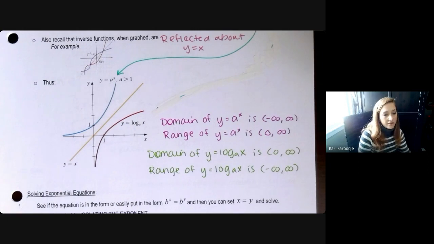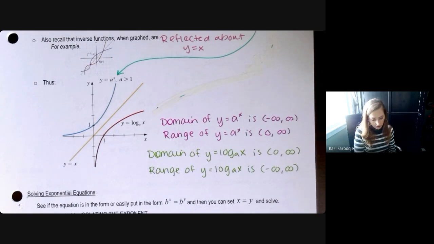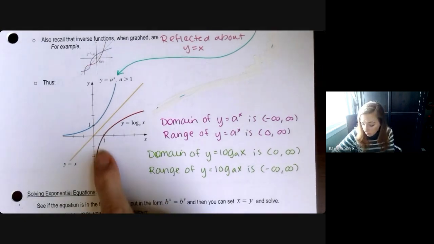I didn't want to not mention that you cannot take the log of 0 and you cannot take the log of a negative value. So that would end up giving you some domain issues here. The logarithm itself, though, can be represented by a negative number. You can see that the graph does go negative, but you just can't evaluate it as a negative number.